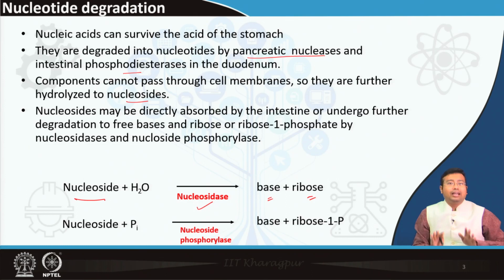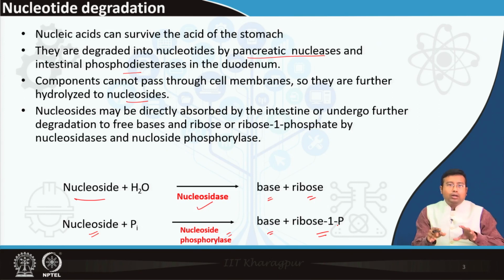There is another enzyme, nucleoside phosphorylase. It requires an inorganic phosphate which acts with the nucleoside and converts it to a base and ribose 1-phosphate. These are the two basic mechanisms, and it is true for all nucleosides.